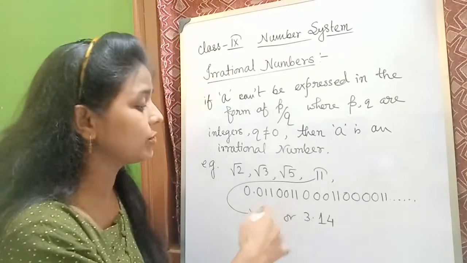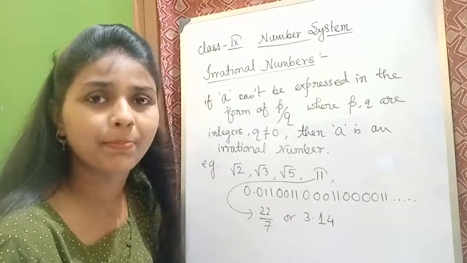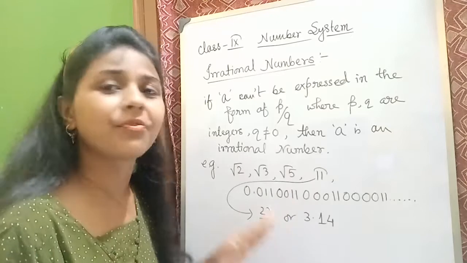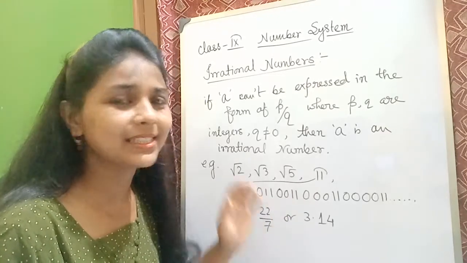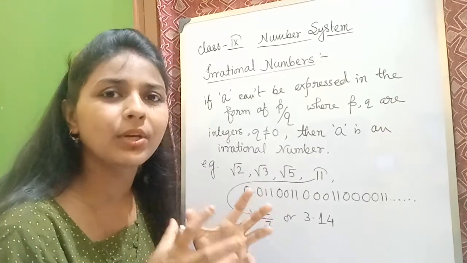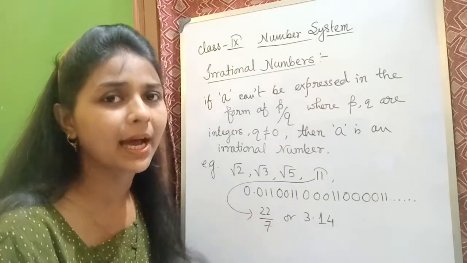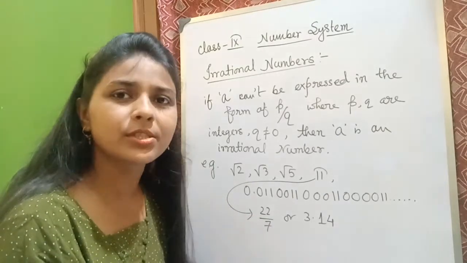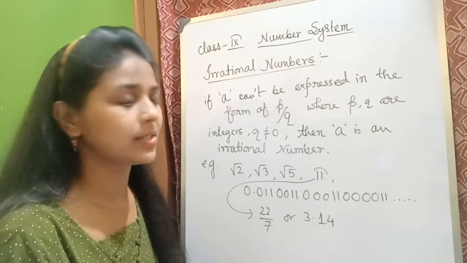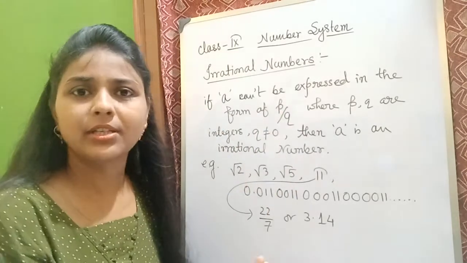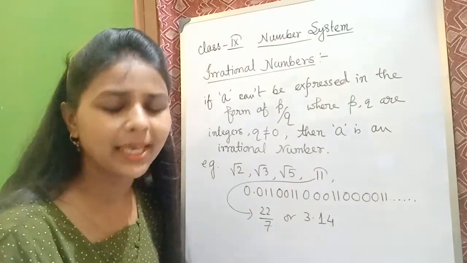I hope you all have used this in place of pi, right? These are not the value of pi, just calculative values of pi, so that we can proceed with the calculations. Okay, so these are irrational numbers, definitions and some examples.